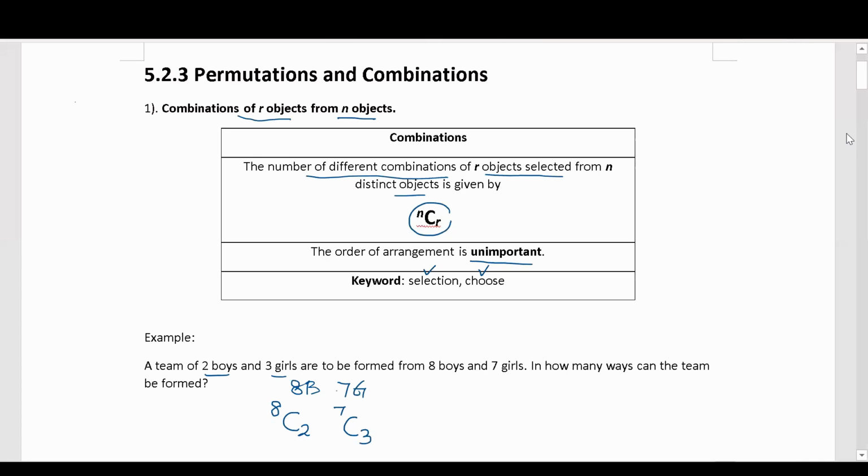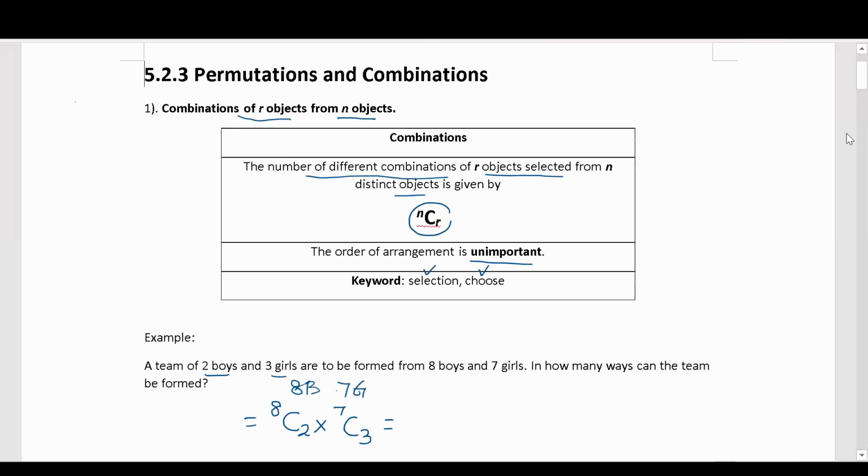By using the multiplication rule, we multiply the number of ways to select boys by the number of ways to select girls, and we finally get the number of ways of selecting a team of 2 boys and 3 girls.